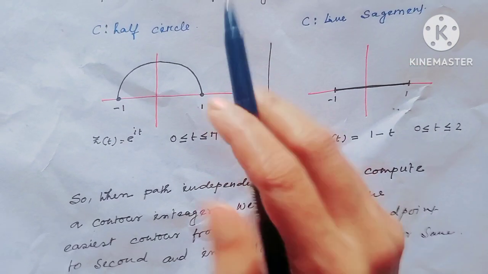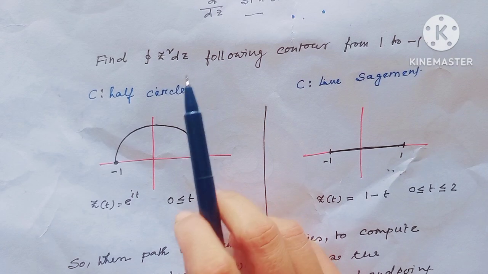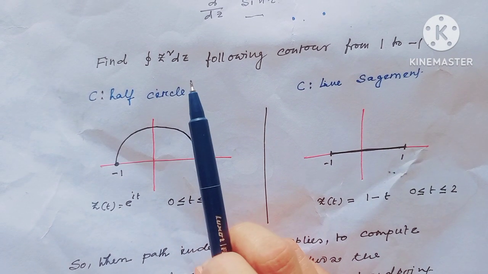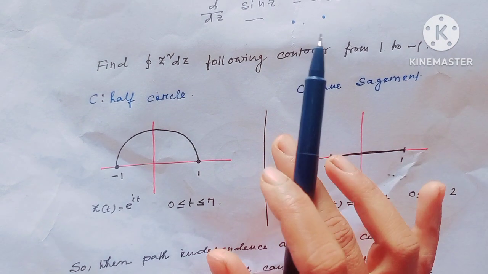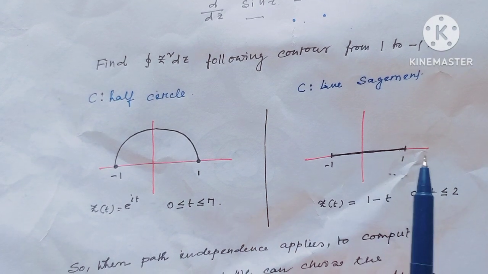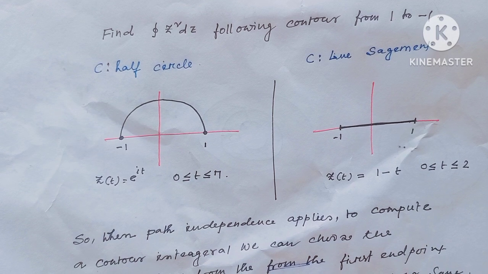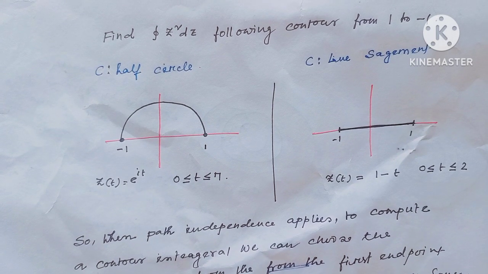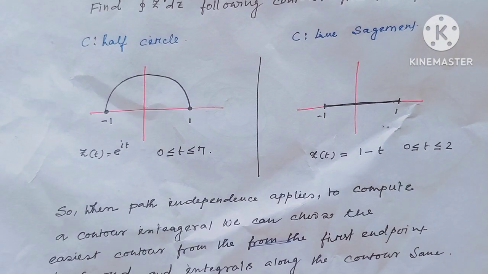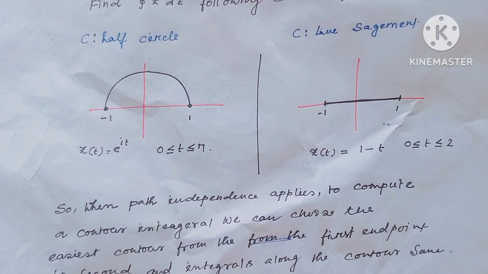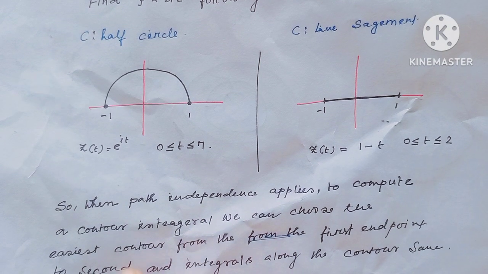For this integral, and for all such integrals, since this is path independent, we can take the easiest contour, because it depends only on the first endpoint and the second endpoint.